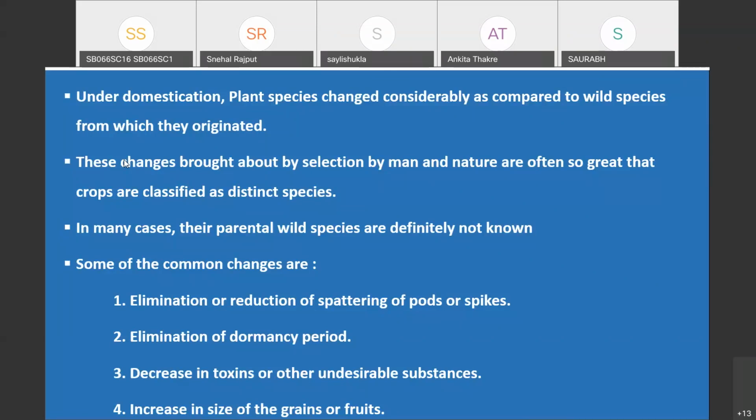Though the primitive efforts were unscientific, the primitive man was not a bad breeder, because all the crop species used for cultivation at present are derived from wild weedy species. That's why we are saying the prehistoric man was not a bad plant breeder.